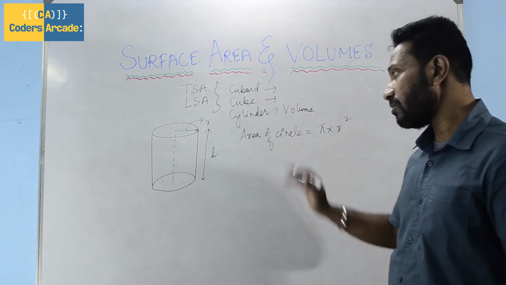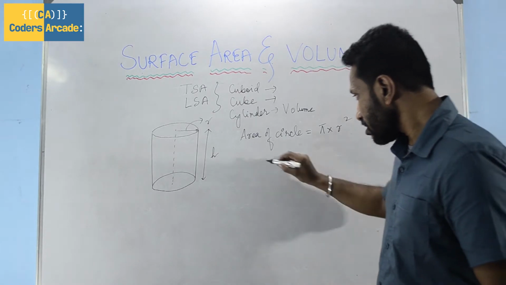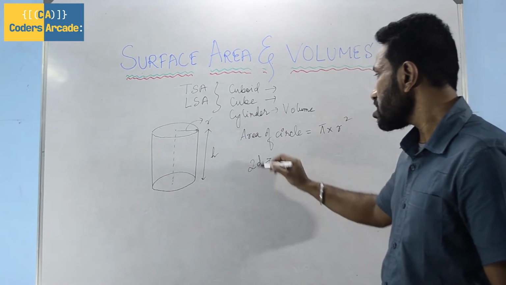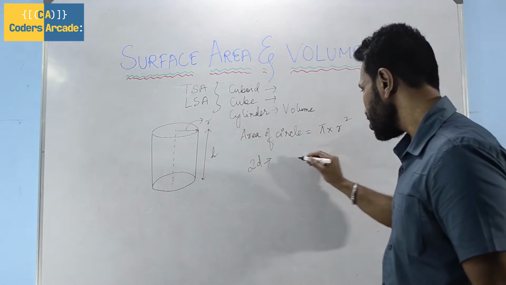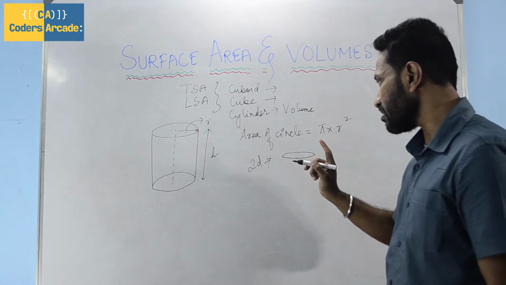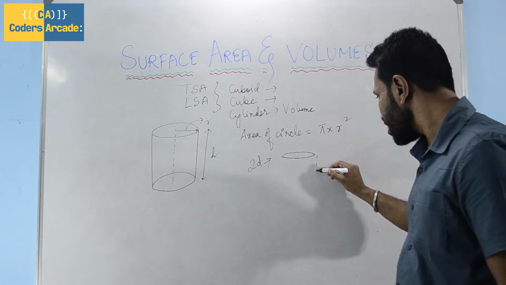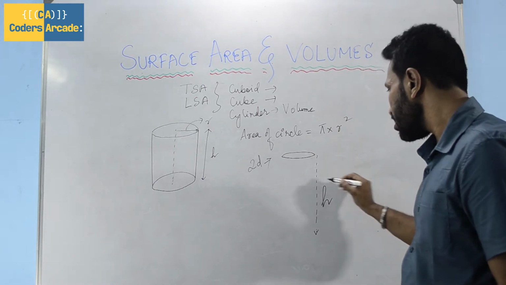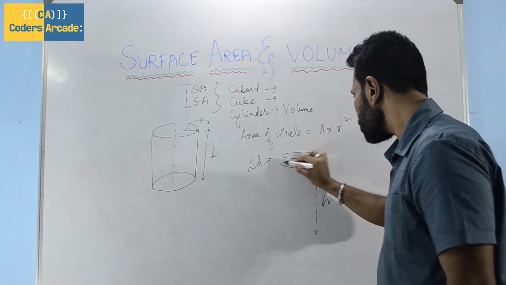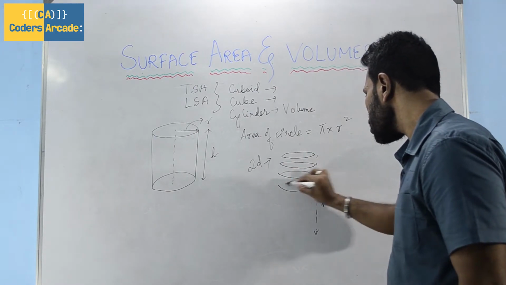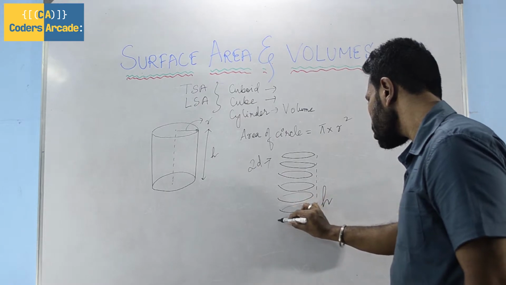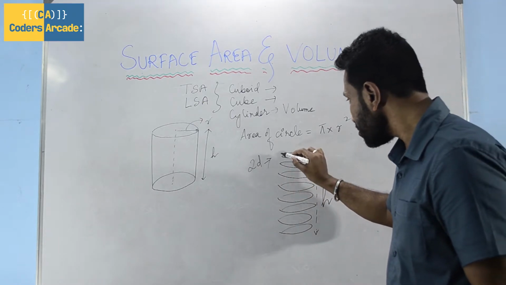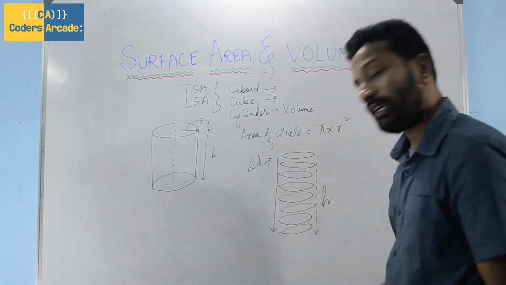Now let me just tell you, if it is a 2D figure, in that case what will happen? It will be only one single circle. But if we keep on going like this up to the height h, and if we keep on drawing circles like this, at one moment we will be reaching the bottom of the cylinder.